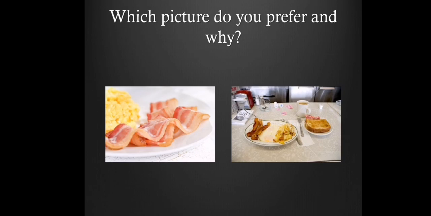Okay, so have a look at these two photos here of somebody's breakfast. Which picture do you prefer and why? Both pictures of bacon and egg, but the left-hand one I hope you prefer because, again, it simplifies the background. It's definitely a picture of bacon and egg.